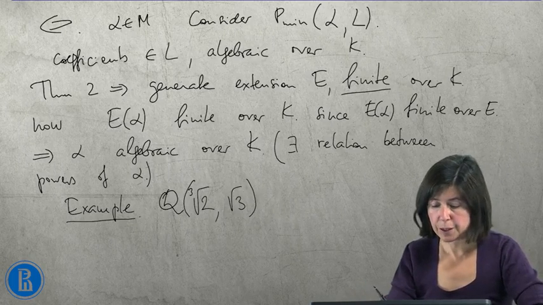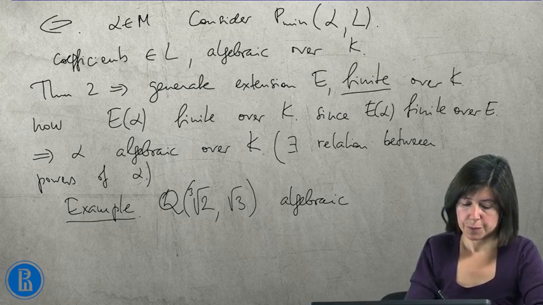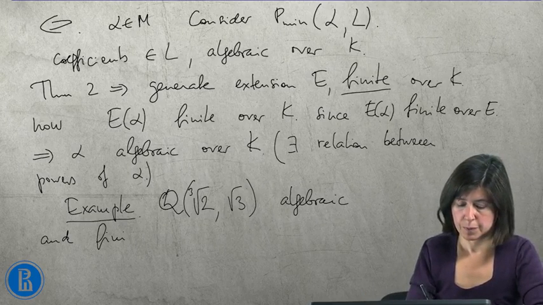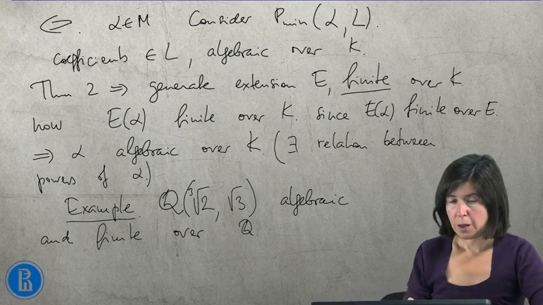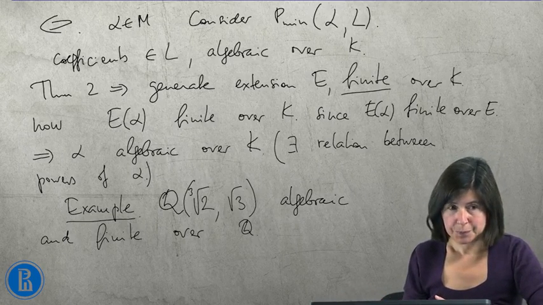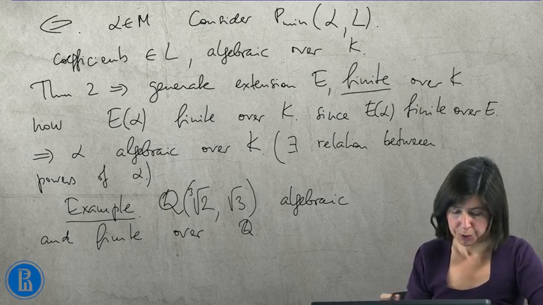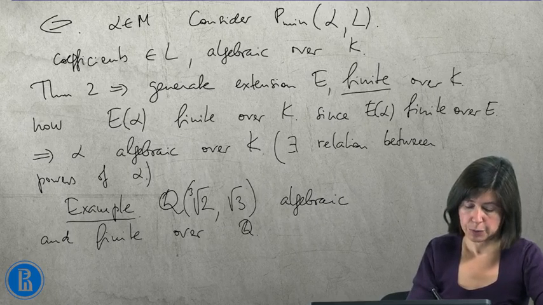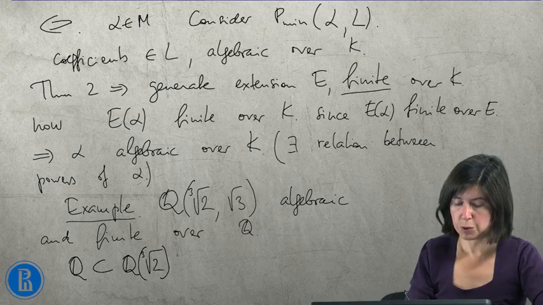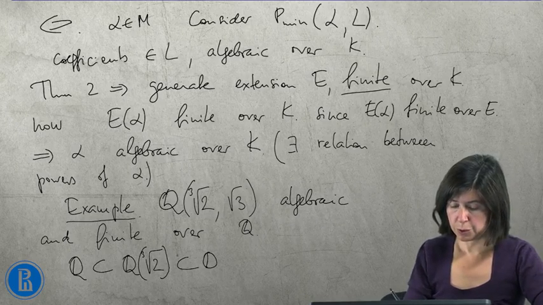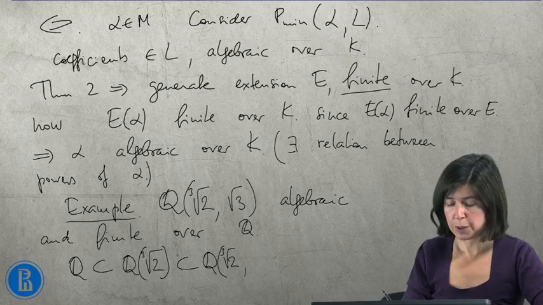This is clearly algebraic and finite over Q. And what is its degree? The degree of this extension is 6. Indeed, we have Q inside Q(cubic root of 2) inside Q(cubic root of 2, square root of 3).